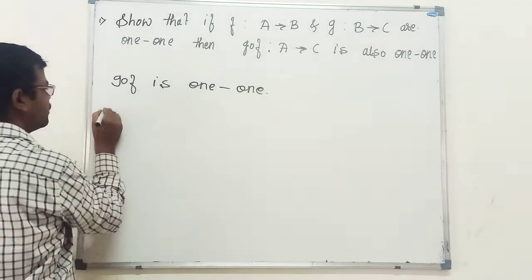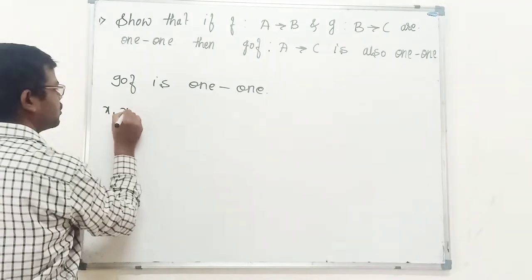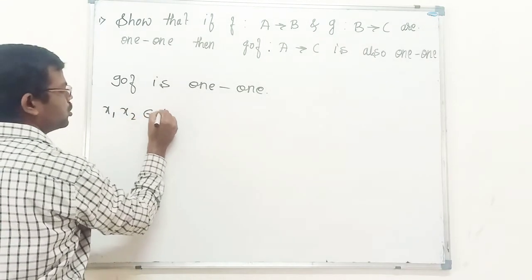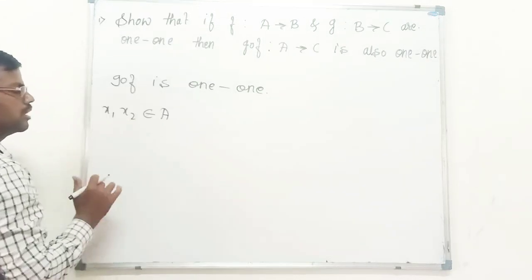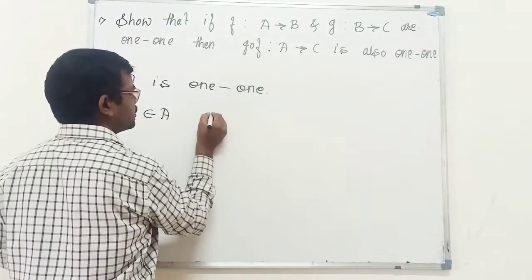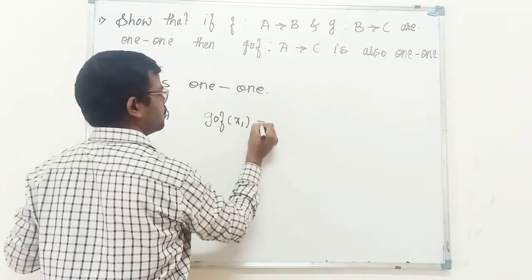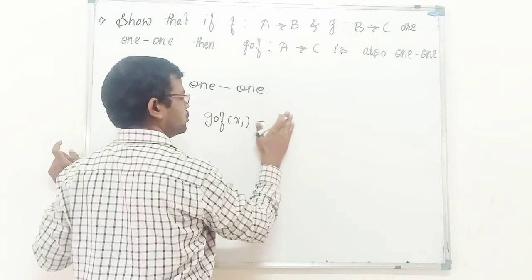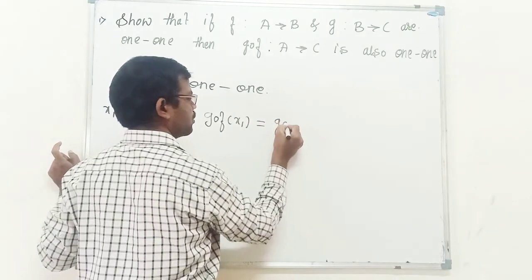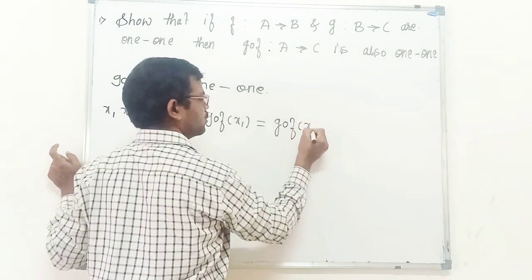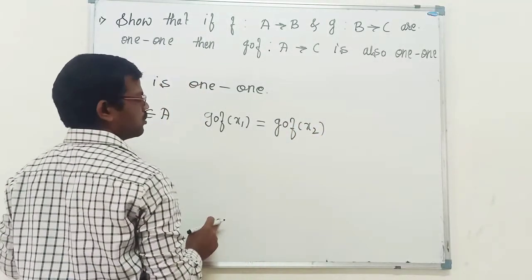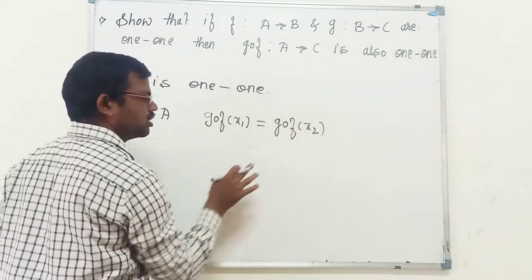Let me consider two elements x1, x2 belonging to the domain A. Let g composition f of x1 be equal to g composition f of x2, so the images under the composition are equal.